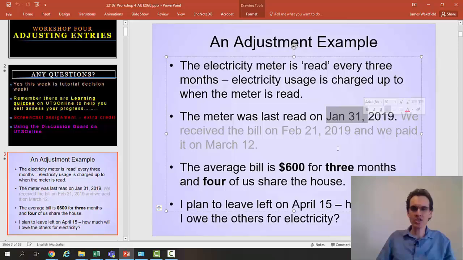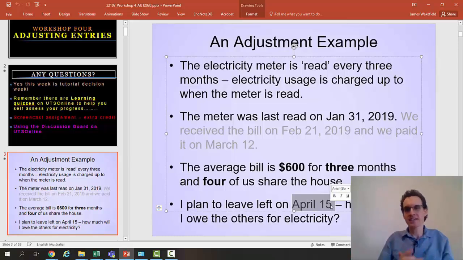You haven't been charged anything from January 31 to April 15. So if one member of the household is leaving, how much do they owe the others in terms of their electricity usage when they leave on April 15? Please answer the following question and let us know what number you believe that to be.